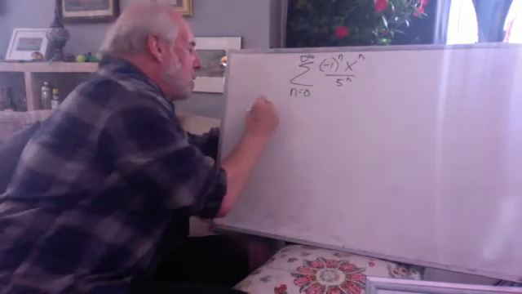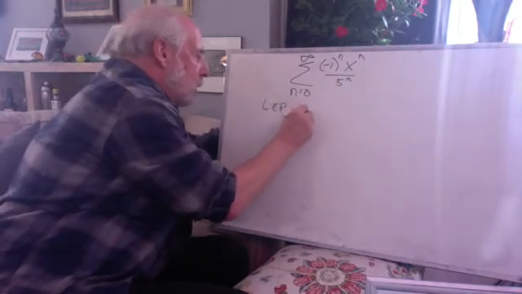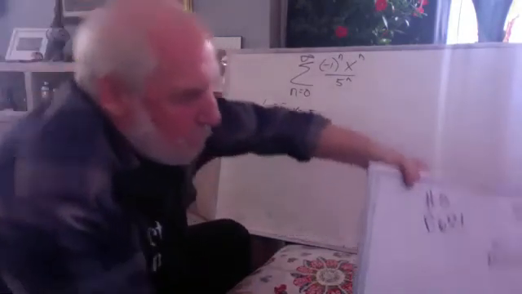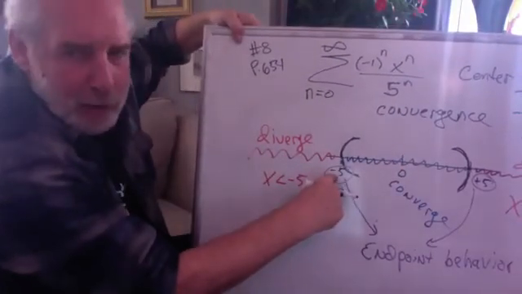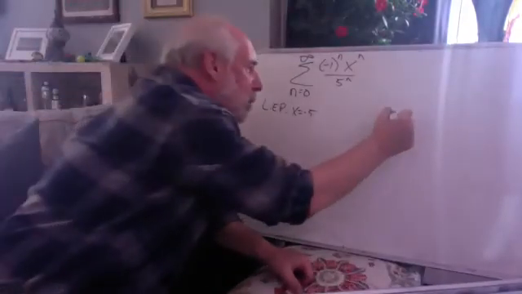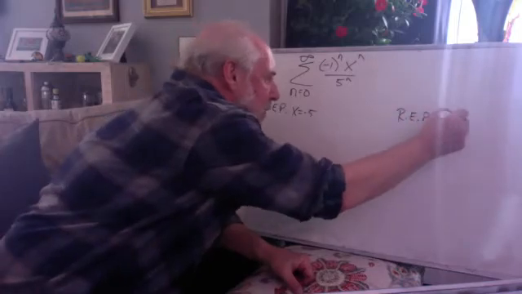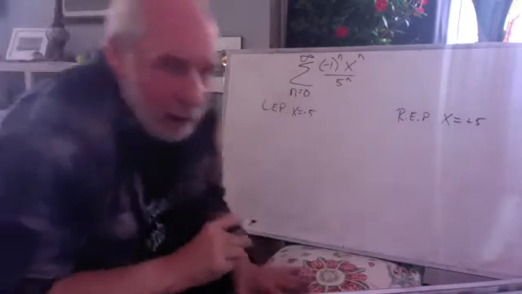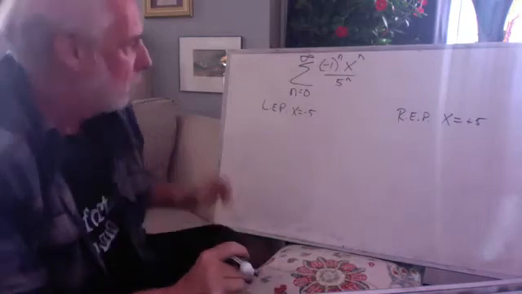And we have the, so LEP is left endpoint. Our left endpoint of this interval is -5. So LEP, left endpoint. Our right endpoint, REP, is x is equal to +5. So to do our endpoint behavior, we're going to plug these numbers in and see what happens.